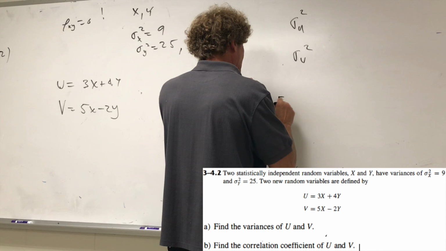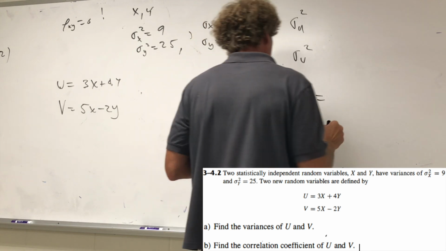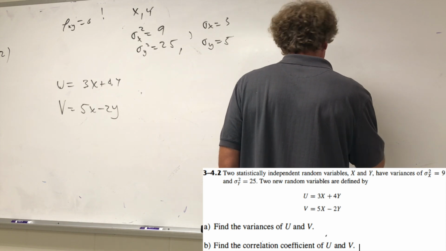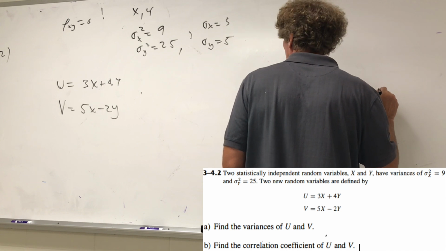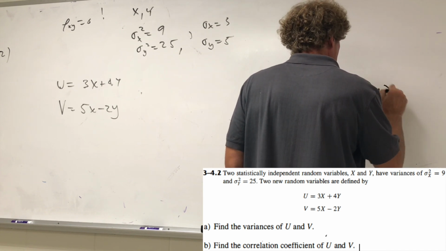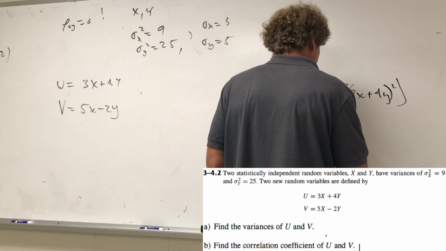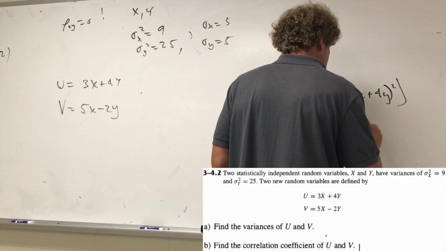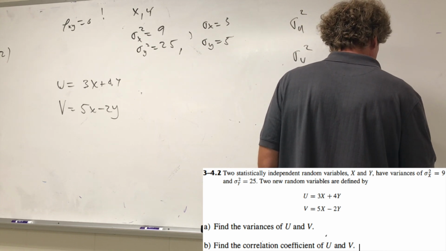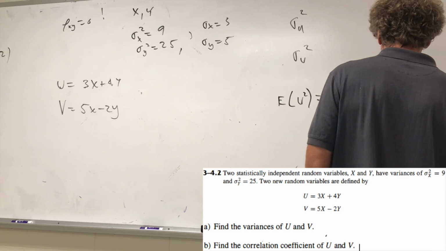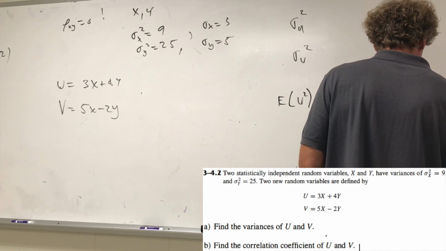The expected value of u squared, that's the expected value of 3x plus 4y quantity squared. That's the expected value of 9x squared plus 16y squared plus, and it's going to be 12 times 2, 24xy.